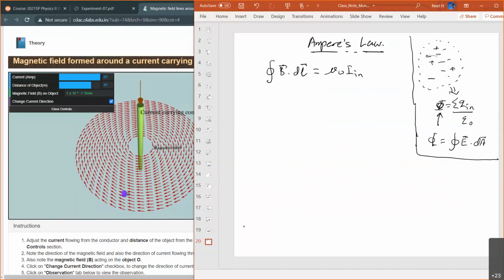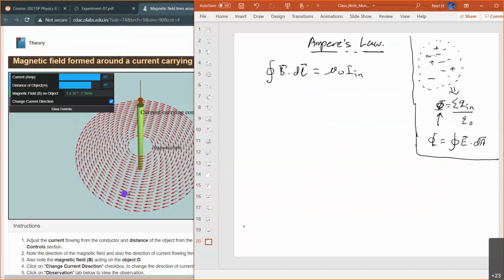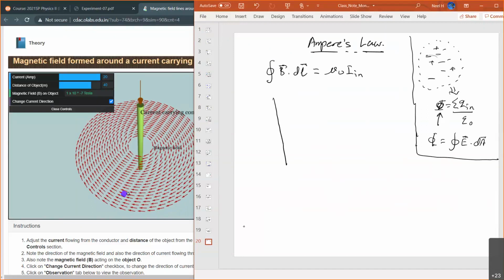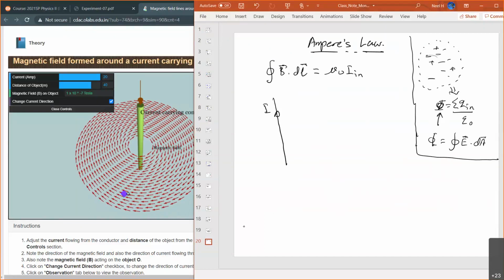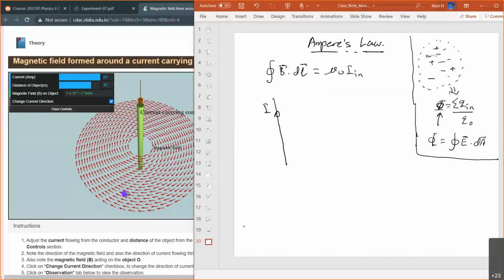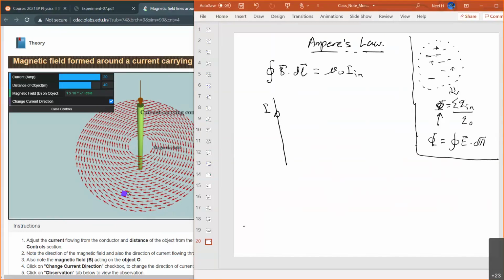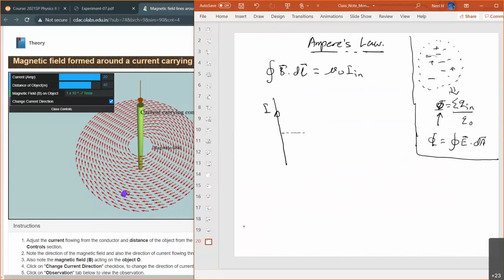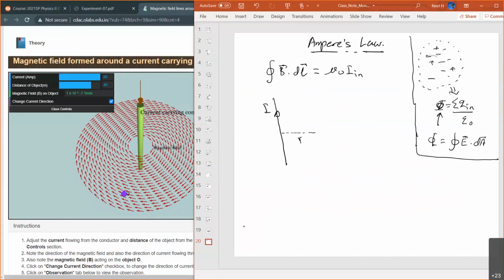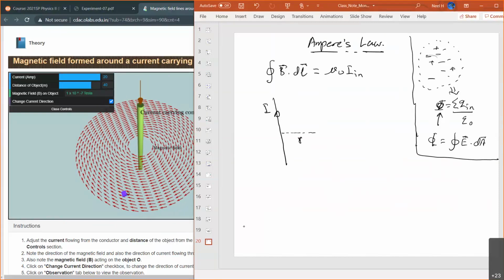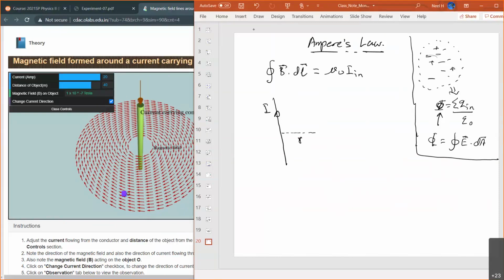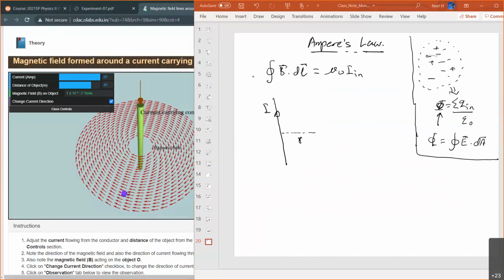Let's say, for example, I have a current wire like this, and the current is I. To apply Ampere's law, I should go a distance r away from the current wire and figure out the magnetic loop. You already know how the magnetic loop looks around this current wire.